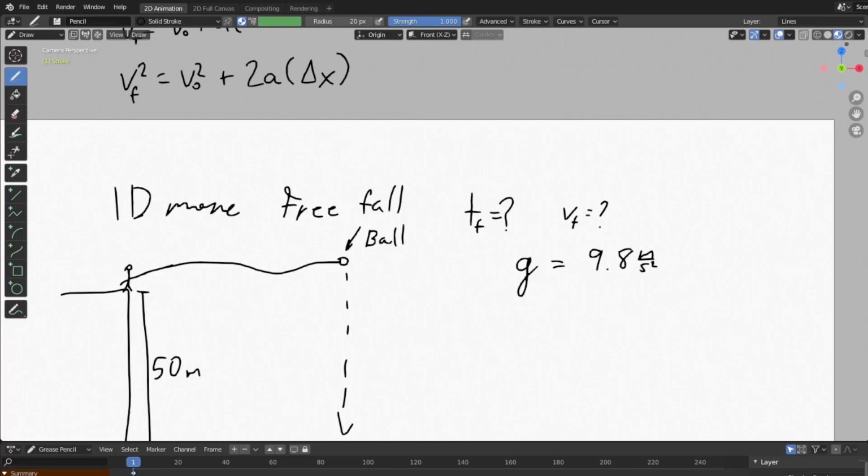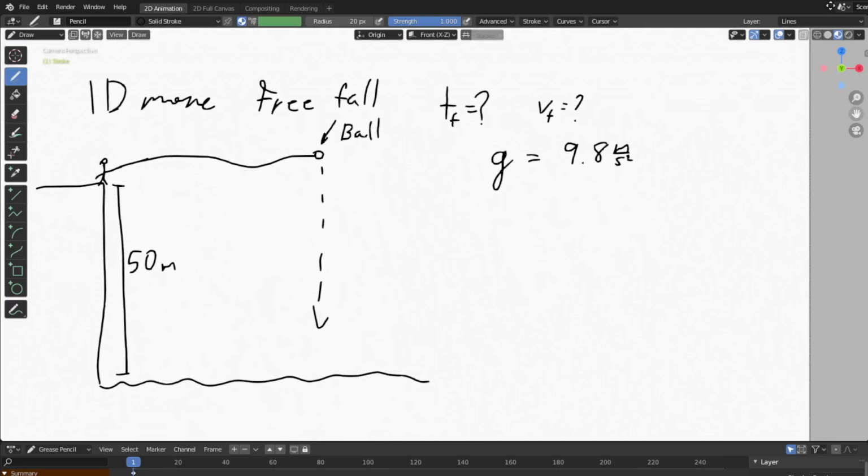And we're actually going to write out, instead of our displacement as x, we're going to use y because it's vertical. So we're going to have yf minus y naught equals v naught times t plus 1/2, and then we're going to put little g in place of our acceleration because, well, we know what our acceleration is, times t squared.